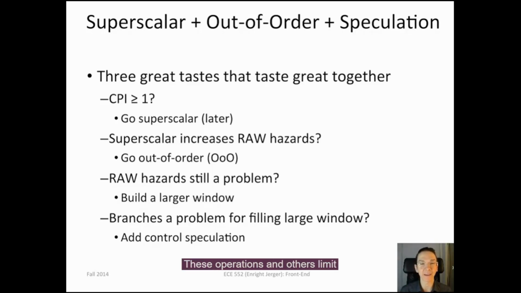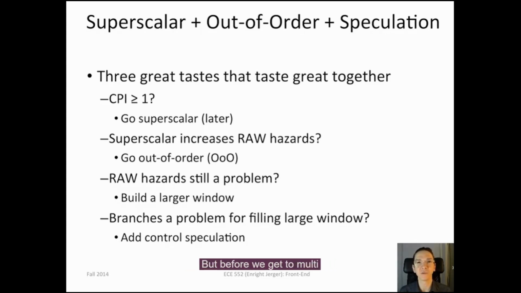These operations and others limit the size of these structures that can be implemented in a cost-effective way in terms of latency, area, and power. So we will dive into those challenges and one possible solution in the form of multiprocessing in a later module, where the idea is to exploit an even coarser level of parallelism, thread-level parallelism.